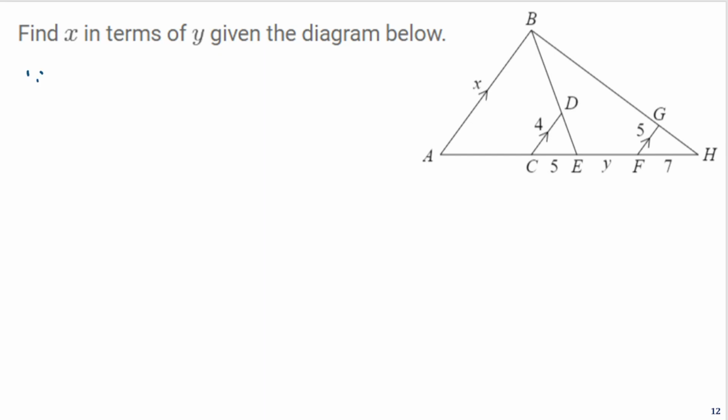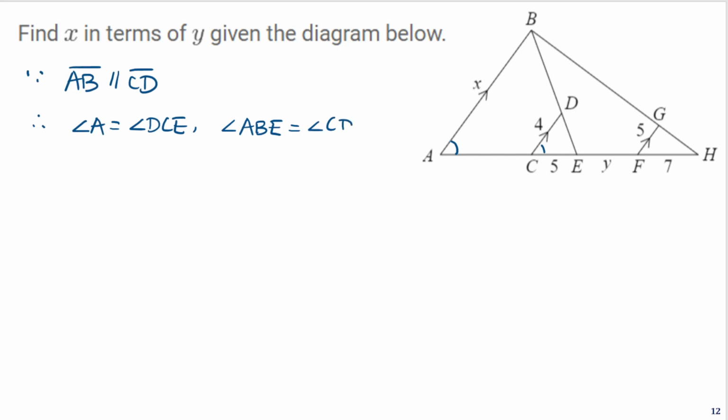Alright, let's have a look at the solution together. Because we know AB is parallel with CD, we have angle A equals angle DCE, and angle ABE equals angle CDE, right?